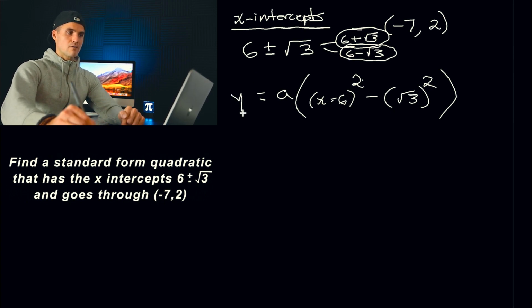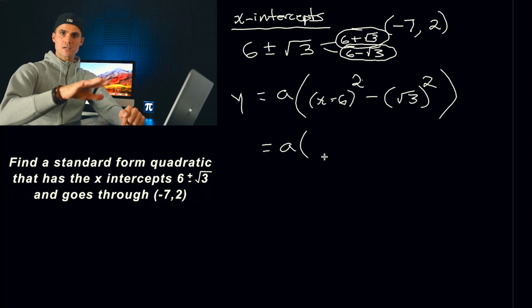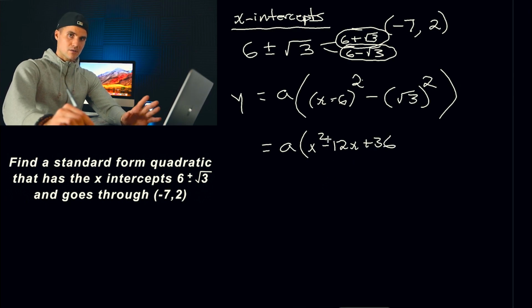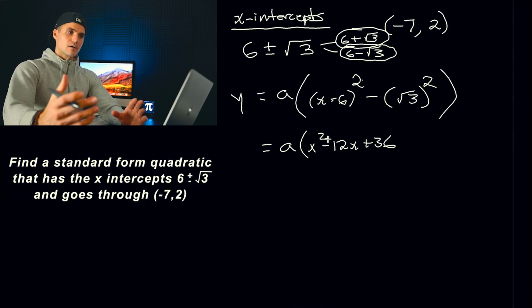So we have this y value here. Now x minus 6 squared, that's like x minus 6 times x minus 6, so you would have to FOIL that out, right? So it would be x squared minus 12x plus 36. Don't forget this middle term after you FOIL out and simplify all of the like terms.